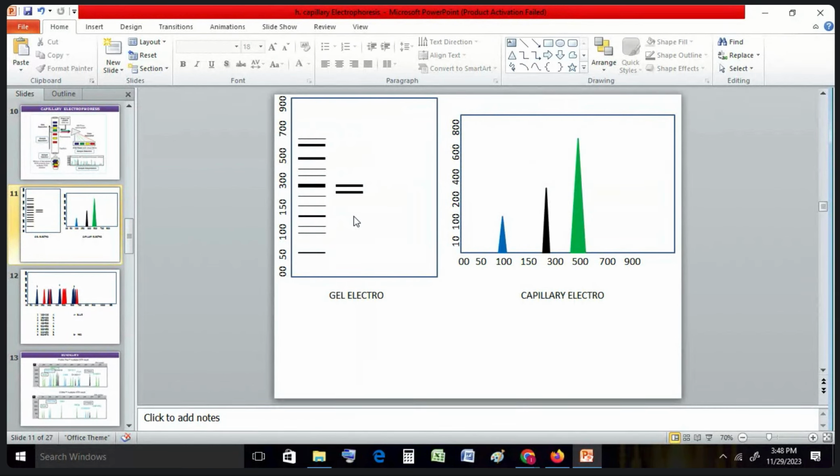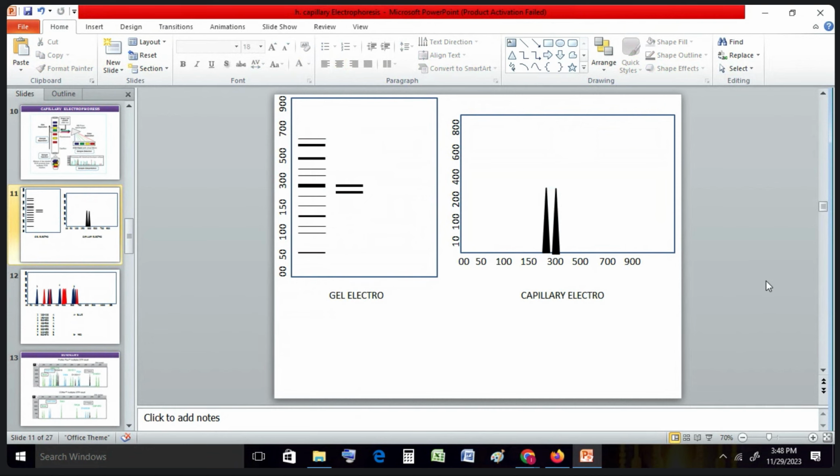Understood? Yes sir, I understood. In exactly the same way, when this product is run in capillary electrophoresis, you are going to have 2 peaks. For example, one is this, take it as 280, another one exactly at 300. Like this. Okay?